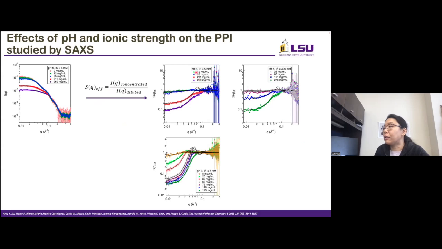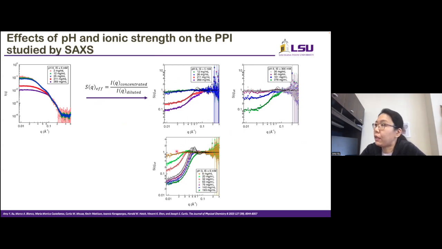Here is the structure factor profile we measured at pH 6 at low and high ionic strength, and pH 3 at low ionic strength. Based on the look of these structure factor profiles, we know that overall protein-protein interactions are repulsive in nature because they all deviate away from 1.